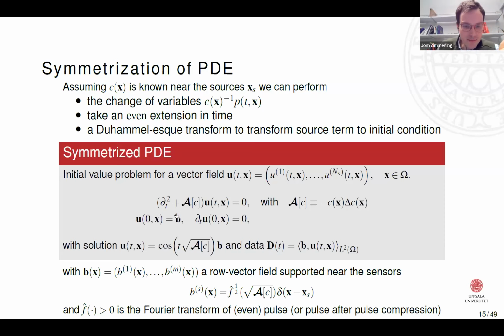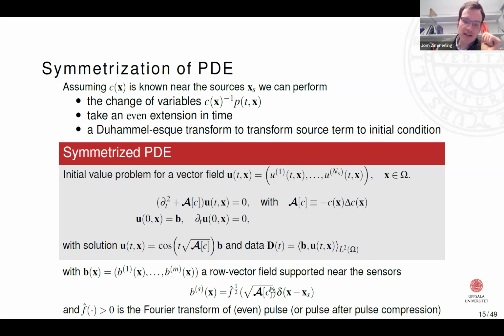Then what are these B's, you might ask? So, there's a typo here. B is a row vector field that goes from 1 to n sub s and not m. It's a row vector field that is supported near the sources, and you can show that when you do all of these symmetrizations, it's essentially the square root of the Fourier transform of your wavelets acting on the square root of the operator acting on a delta function at a certain source location x sub s.